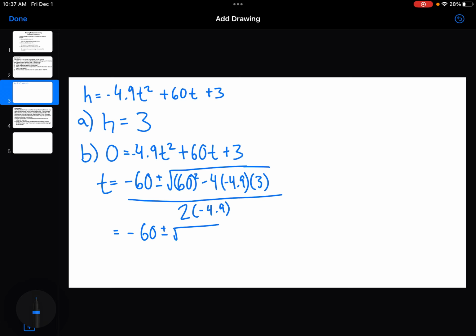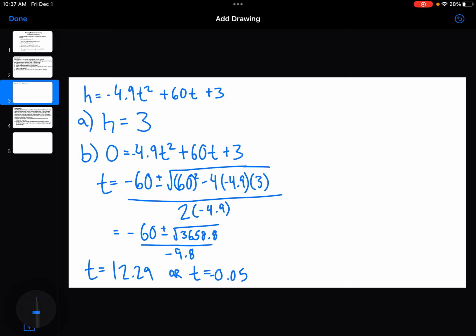Simplifying under that, two negatives make a positive. So we get 3658.8 divided by negative 9.8. And then our two numbers, we would get t equals 12.29 or t equals negative 0.05.